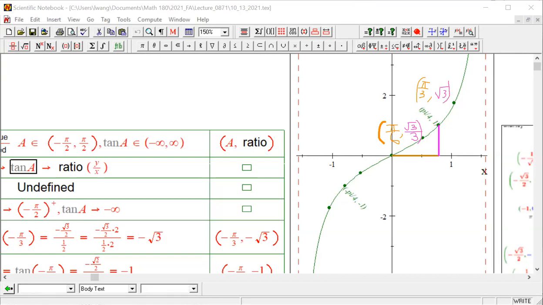Okay, and keep going. You look at the table, you look at the graph, and this point is negative pi over 6. And the ratio is a negative √3 over 3, in purple color.